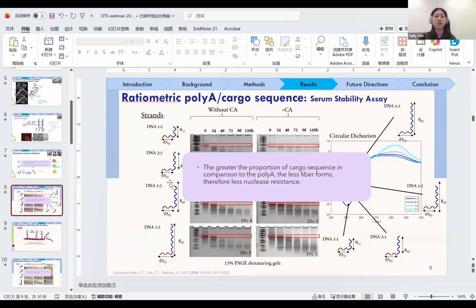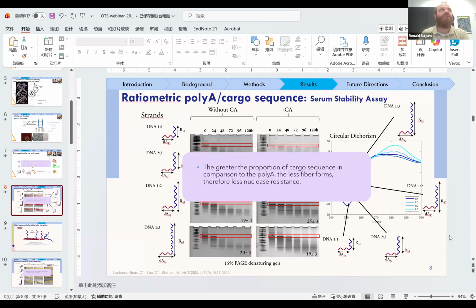Compared to DNA 1 to 1 strands with 15 A's and 15 cargos, it was easy to form the structure, and therefore it has better nuclease resistance. So we want to test the limits of the ratio between A's and non-A's, to see the limit at which we can form a fiber, and then use this toolkit.